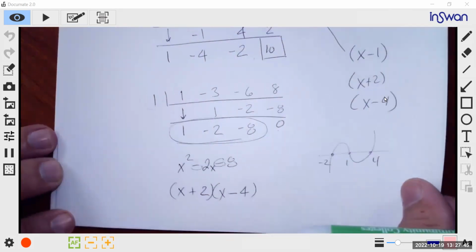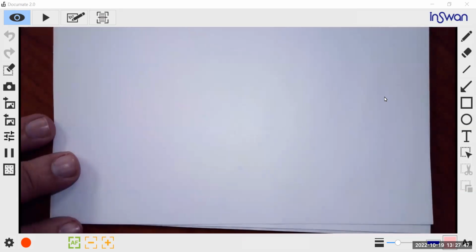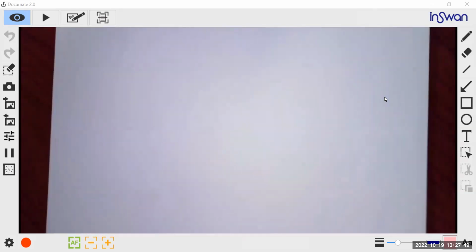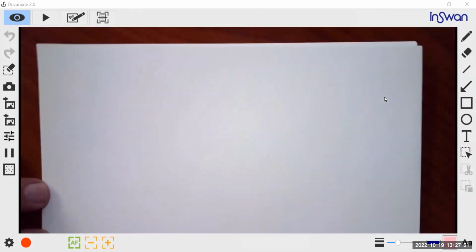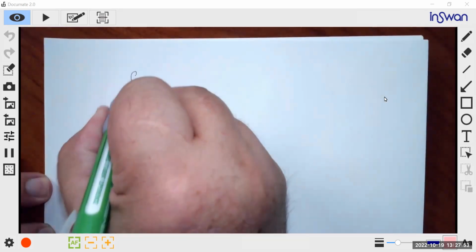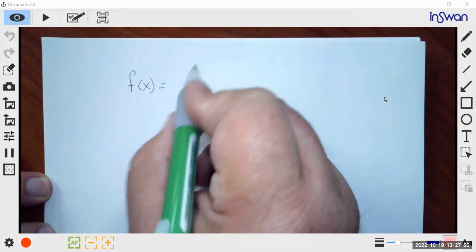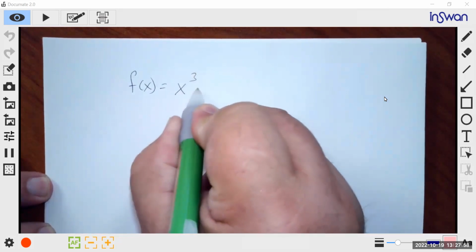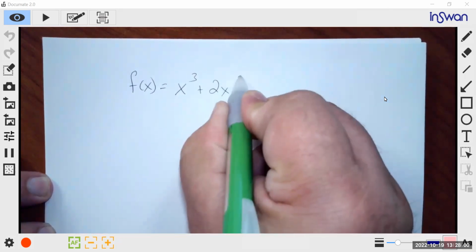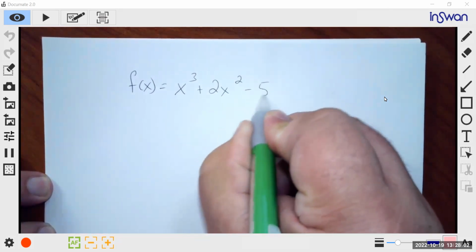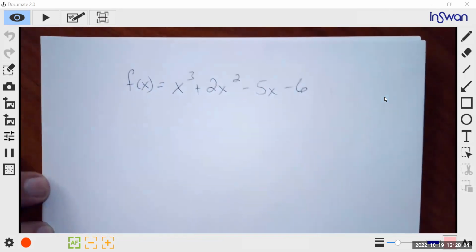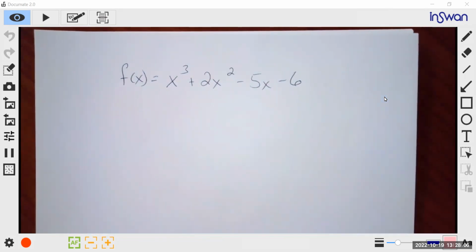Okay, let's do another one. f of x is equal to x cubed plus 2x squared minus 5x minus 6. Factor that one out.